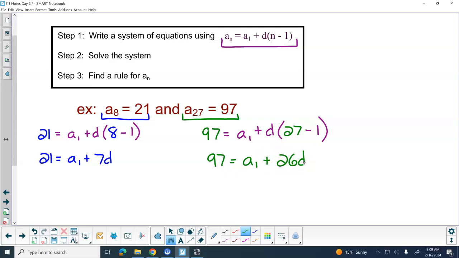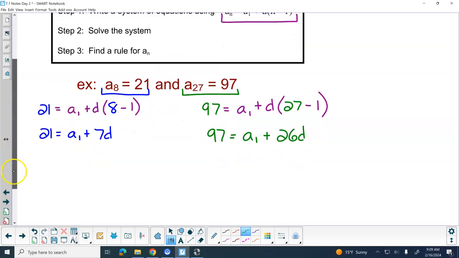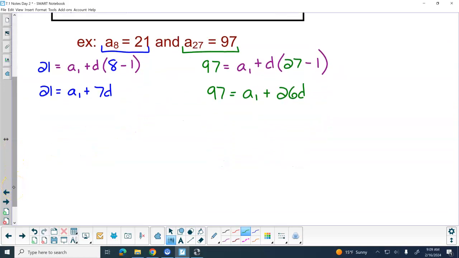Now between my blue and my green equations, I have two equations with two things that I don't know. So that's a graphing, substitution, elimination, matrices type of solution. I would strongly recommend that you use elimination because each of them already has a sub 1 in them, and just a sub 1.